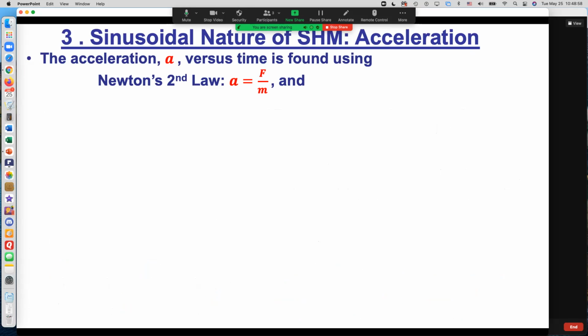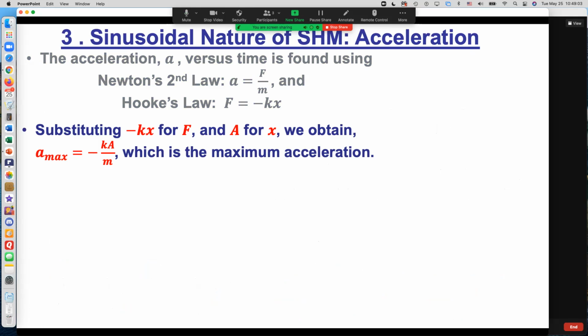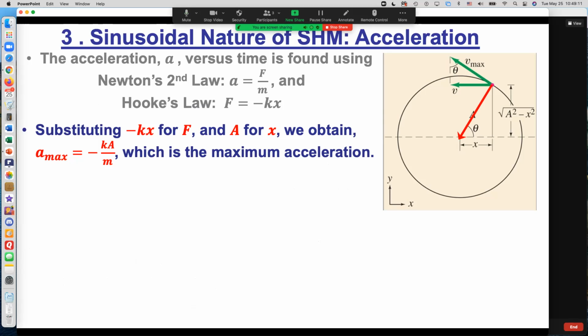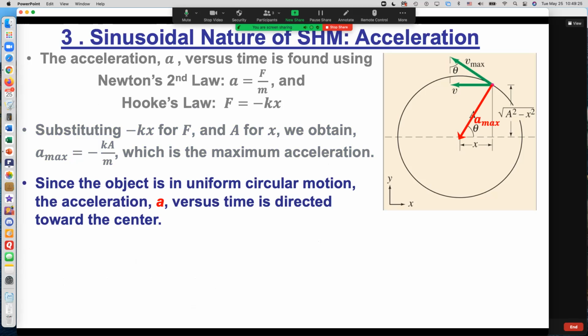So we can find acceleration using Newton's second law, a equals F over m, and Hooke's law. We substitute minus kx for the force, and A cosine omega t for x. There's a max, pointing towards the center. Since the object's in uniform circular motion, the acceleration is directed toward the center. We look at the component of the acceleration in the same direction as v.